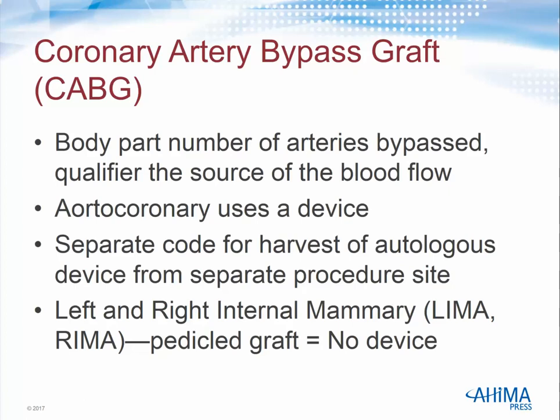Then again, they talk about the CABG, coronary artery bypass graft. This particular procedure has some unique elements of coding it, and we'll go through some examples of that in the exercise portion of this lesson. Typically, patients don't have just one artery bypass. They have at least 2, but it could happen that you could have 1.